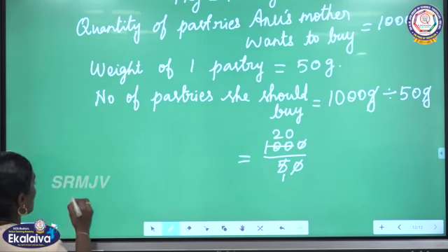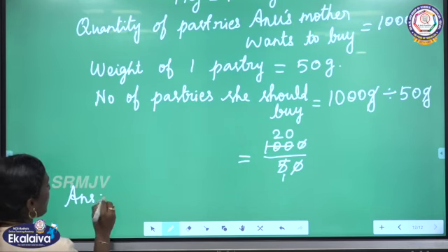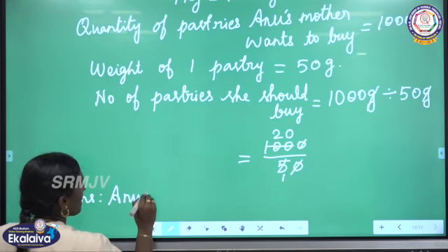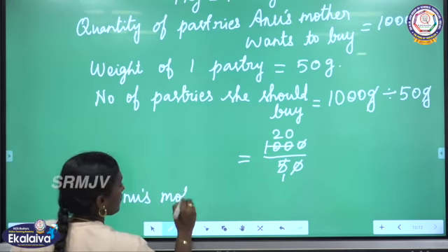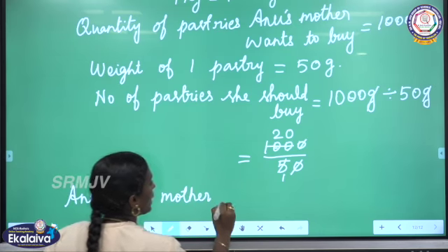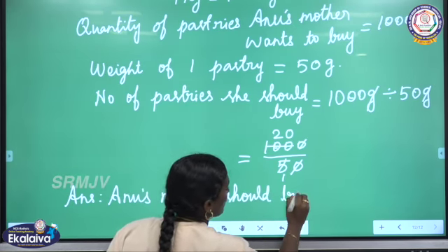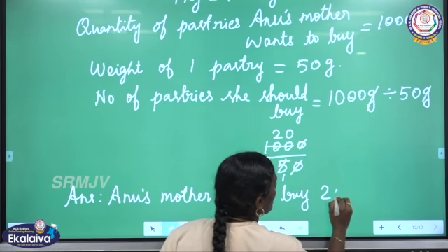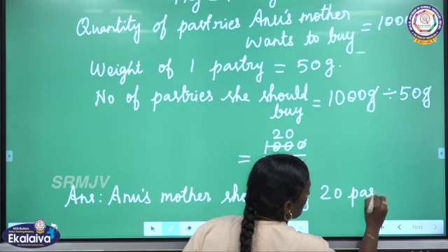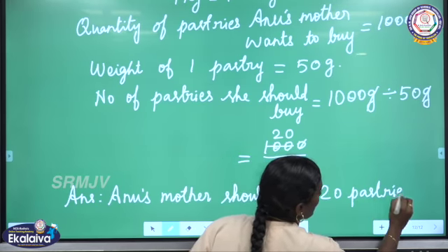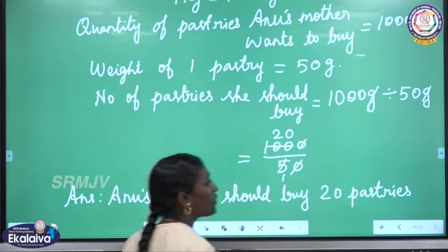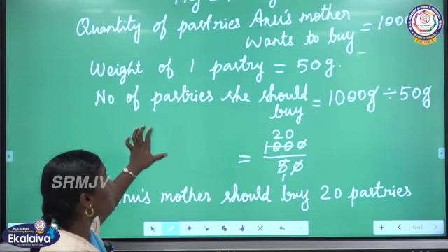So let us write the answer. Anu's mother should buy 20 pastries. She wants to buy 1 kg.